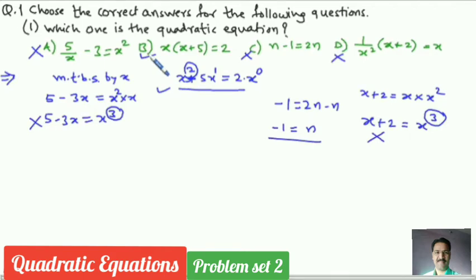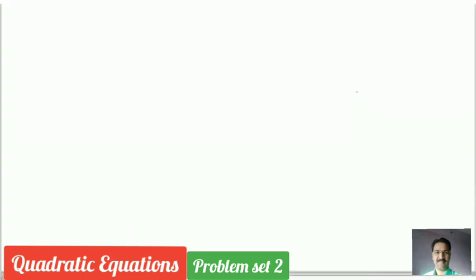Okay friends, in the second question, out of the following equations, which one is not a quadratic equation? Some equations are given to us here. See, first, x square plus 4x is equal to 11 plus x square.